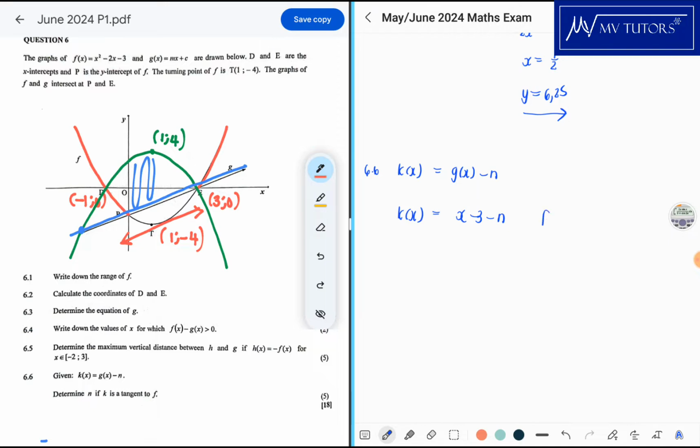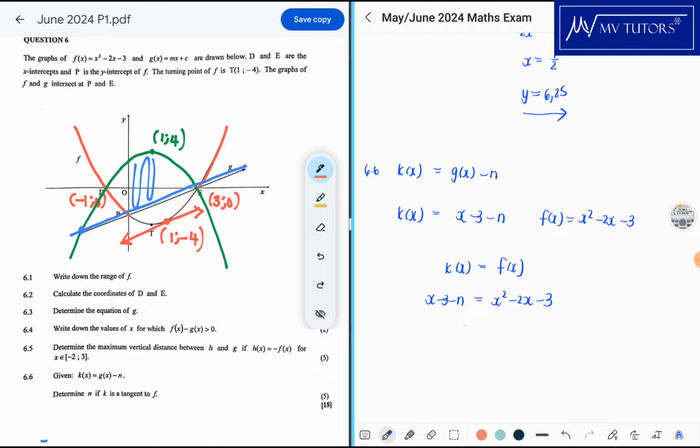Remember what f is? F is x squared minus 2x minus 3. So if it touches, it means at that point, the graph of k and the graph of f are equal to each other at the tangent. So I have x minus 3 minus n is equal to x squared minus 2x minus 3.